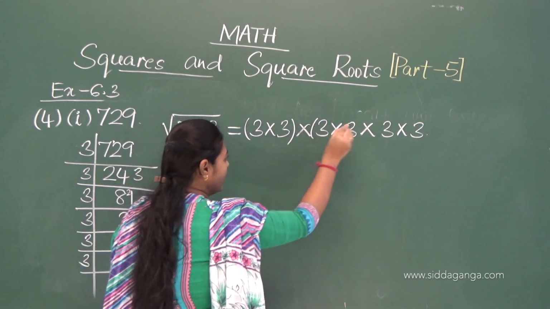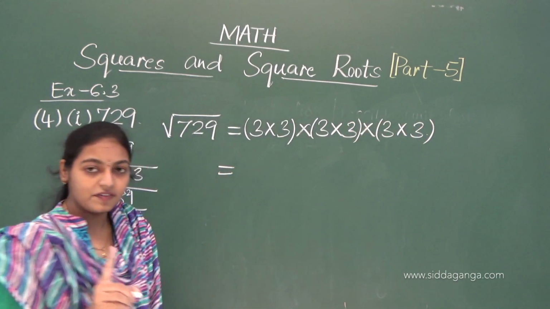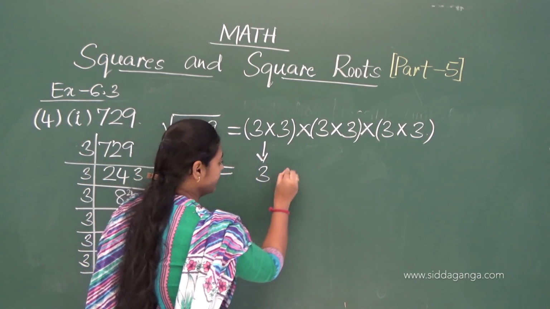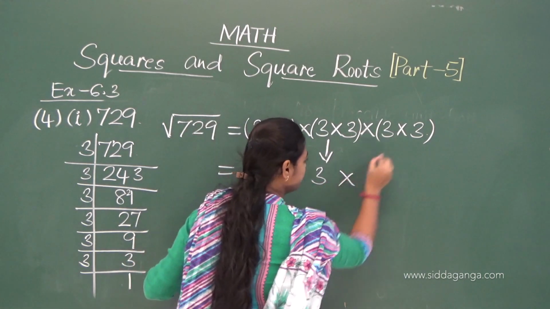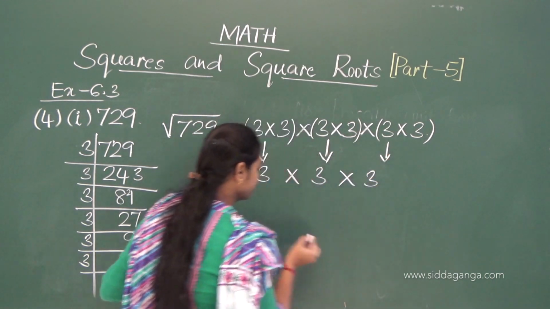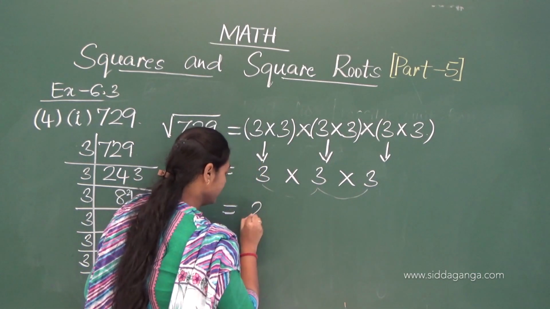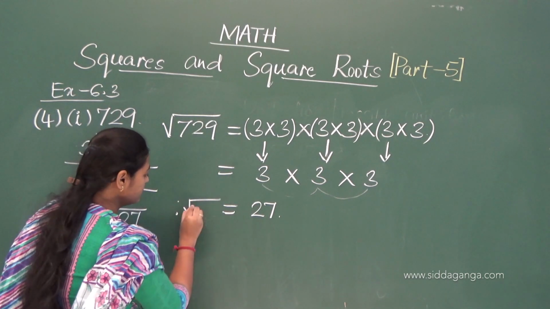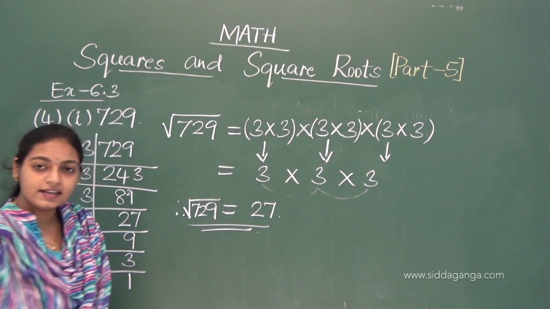And next, take out one factor from each of these pairs. 3 into, only one factor we are taking, into 3. So 3 3s are 9, 9 3s are 27. Therefore, root of 729 is equal to 27.